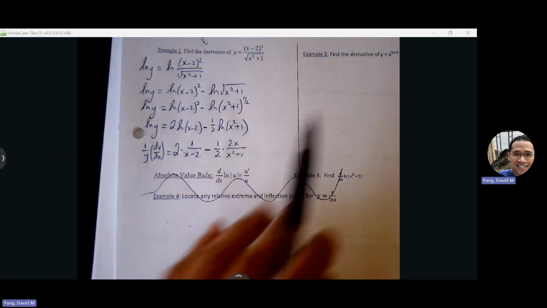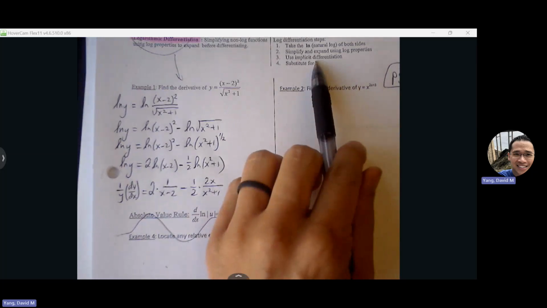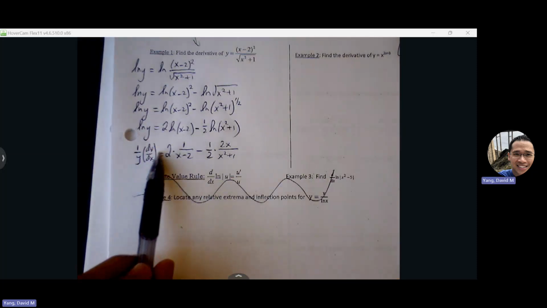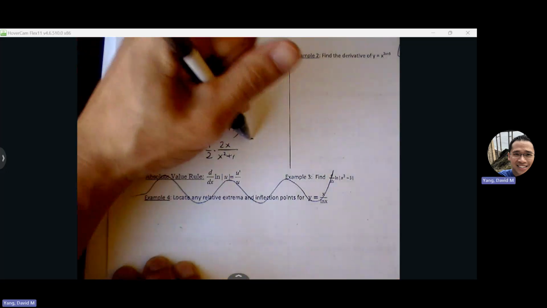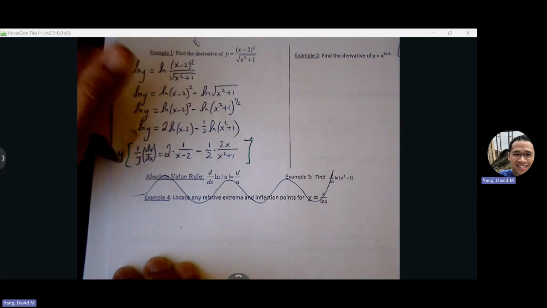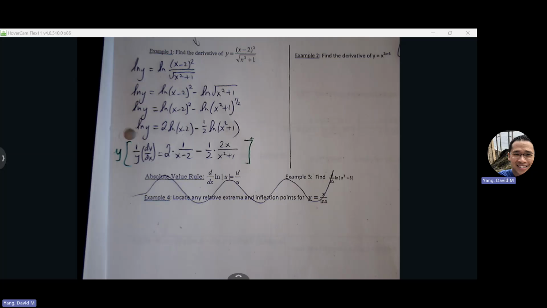Now we have one more step here. We would like to isolate dy/dx. So what can we move? How would you move that? Multiply by what? By the reciprocal, right? So I'll distribute everything through with y.